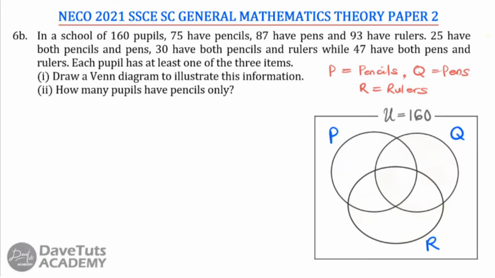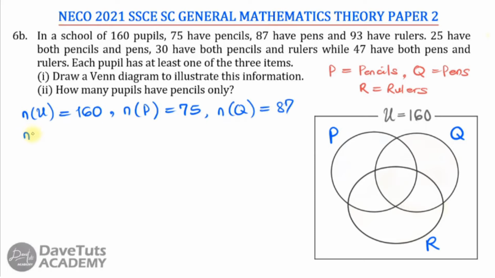And our very first mandate is to define all of this information that we have here, which we are going to be doing right about now. In the first case, the number of pupils, which is the universal set we are looking at, is 160. Then we are told that 75 have pencils, so the number of those with pencils is 75. The number of those with pens, which we are denoting as Q, is 87. Then the number of pupils having rulers is 93.